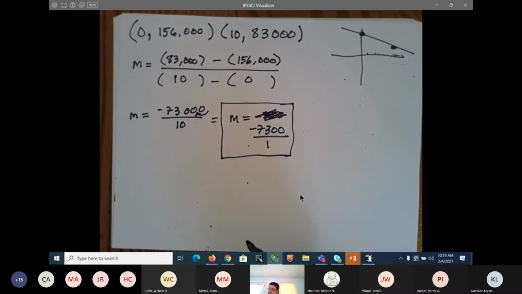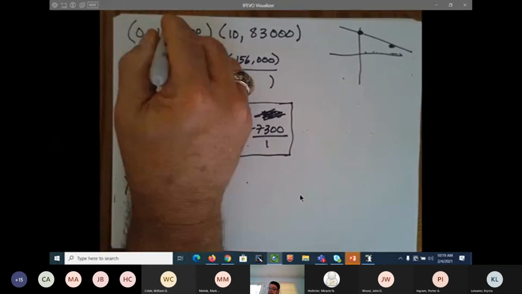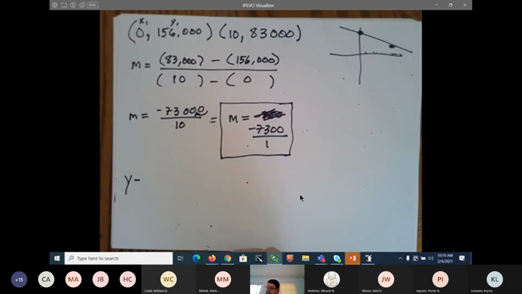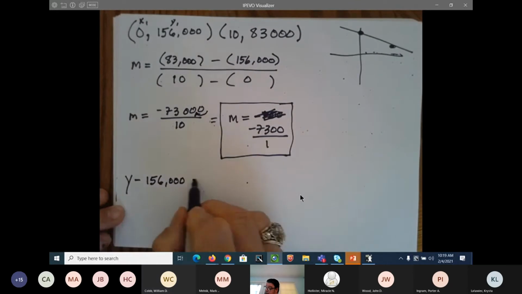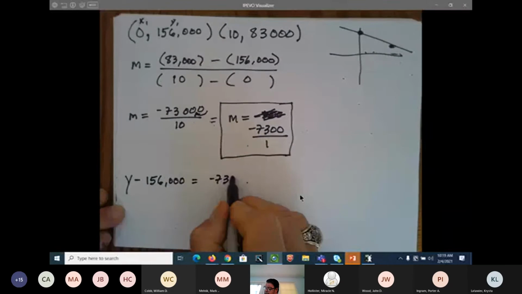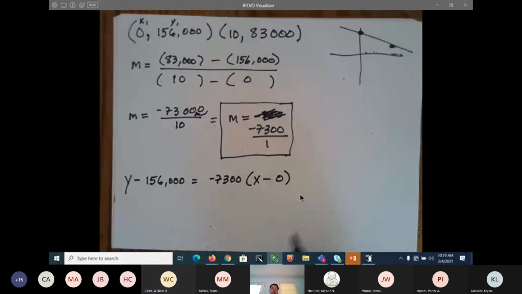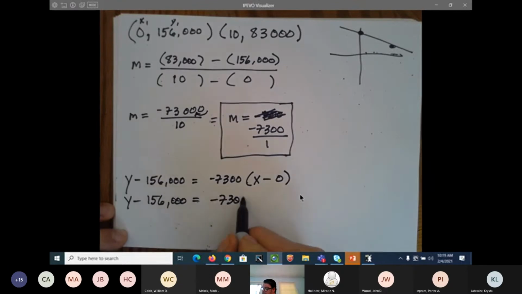So now, y minus y sub 1, I'm going to use this one. y minus 156,000 is equal to negative 7,300 times x minus 0. y minus 156,000 equals negative 7,300x plus 0.